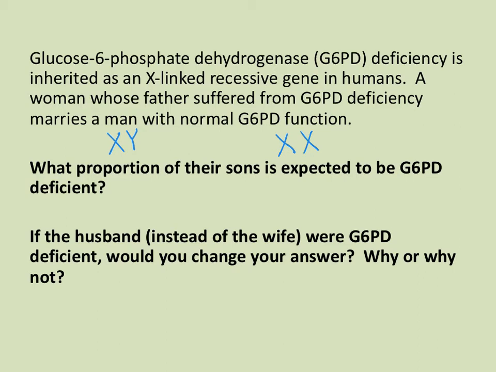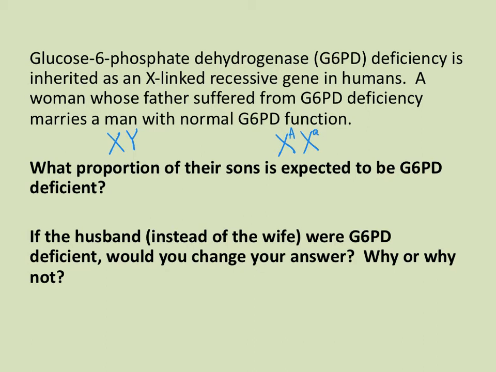Now, this not only determines the biological sex of an individual, but the X chromosomes and the Y chromosomes carry some genetic information. For example, in this woman, I can show that she has one X with a dominant A and one X with a recessive A.